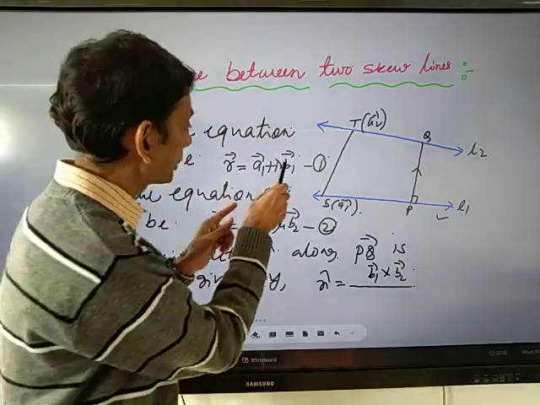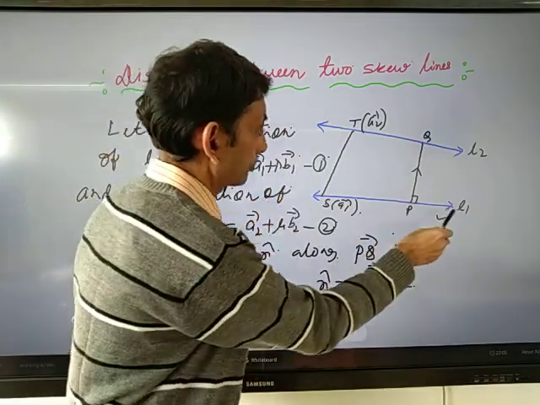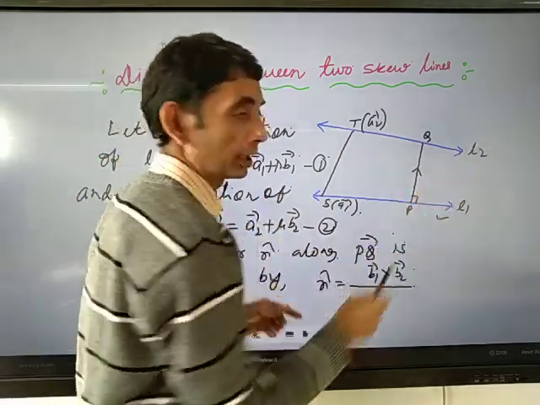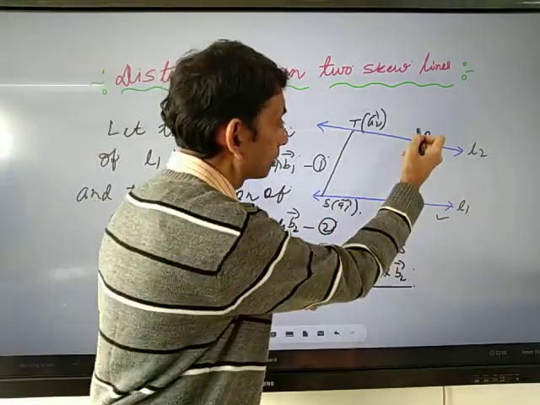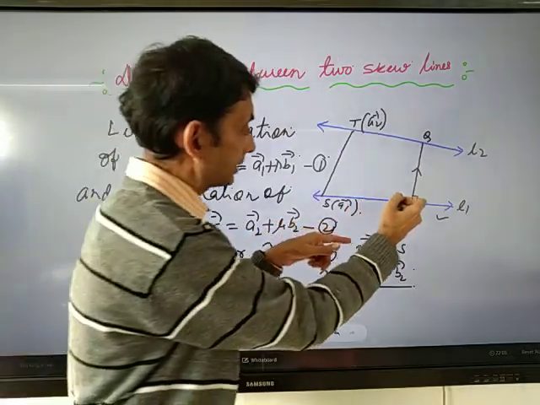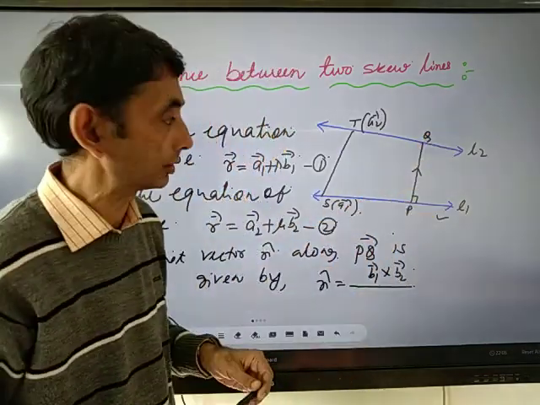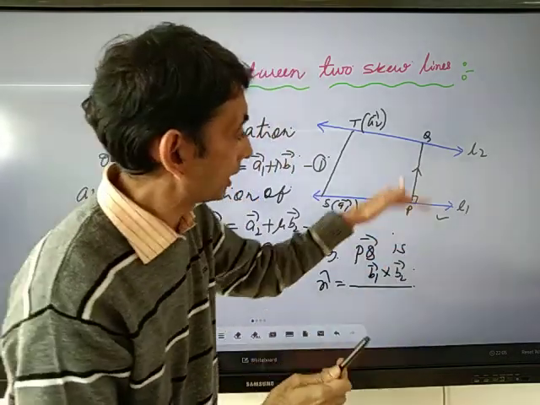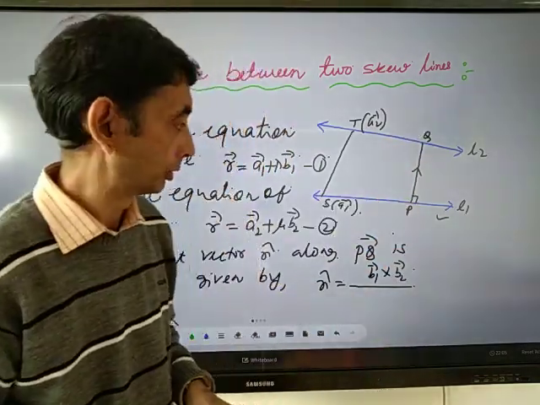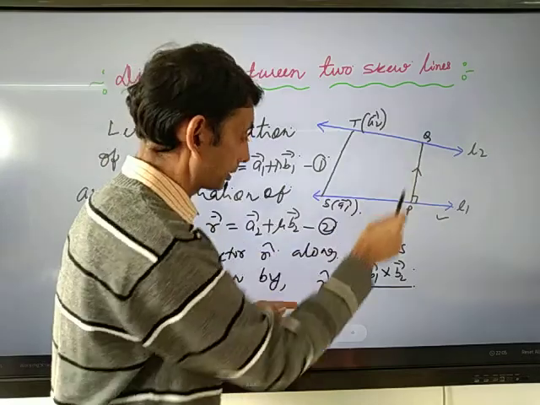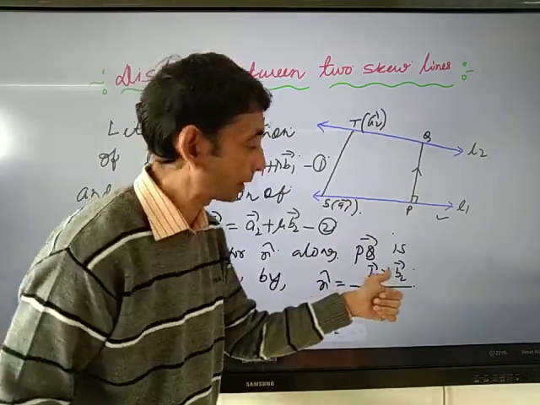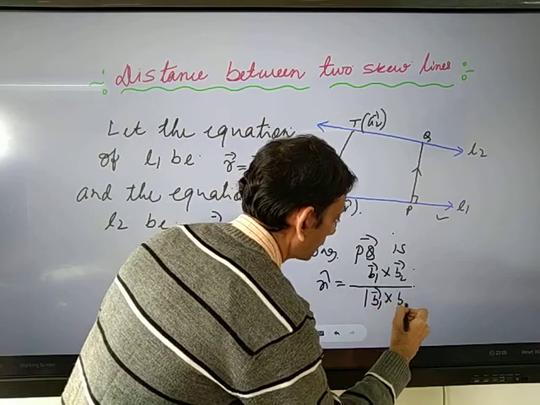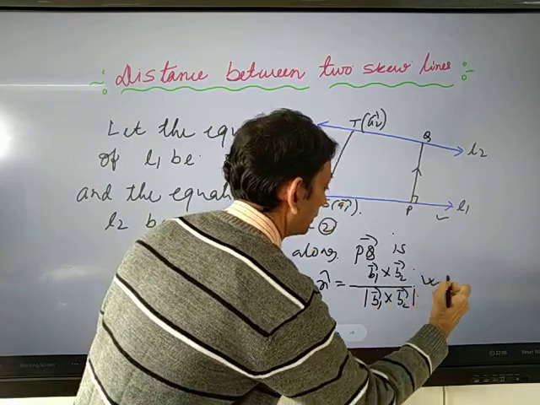We know that B1 is a vector parallel to L1 and B2 is a vector parallel to L2, and since PQ is the shortest distance vector, it will be perpendicular to both the lines, L1 and L2. Therefore the unit vector along PQ is given by n cap equals B1 cross B2 by mod B1 cross B2.